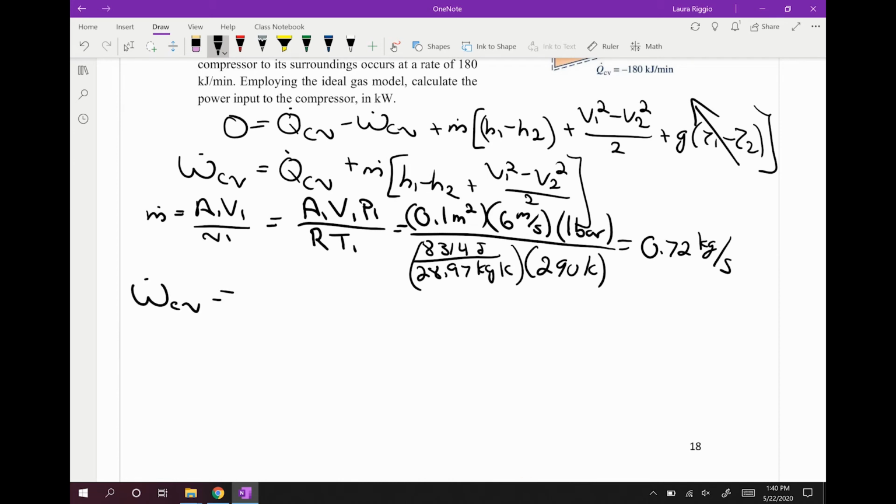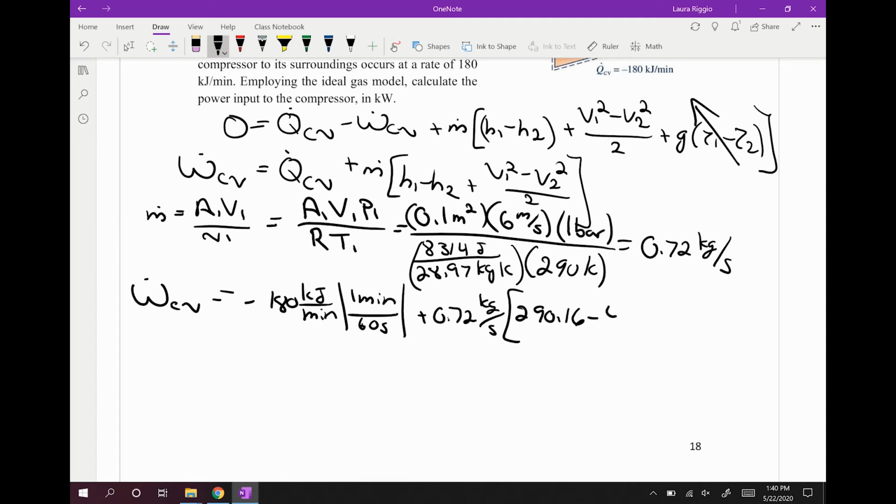So our work is equal to the minus 180 kilojoules per minute times 1 minute over 60 seconds plus 0.72 kilograms per second times 290.16 minus 451.8, where these values come from table A-22, plus 6 squared minus 2 squared over 2, times 1 Newton over kilogram meter per second squared.